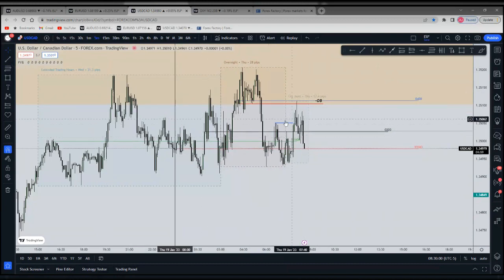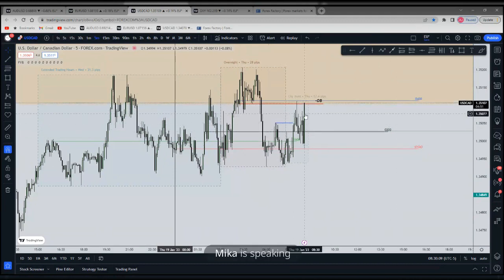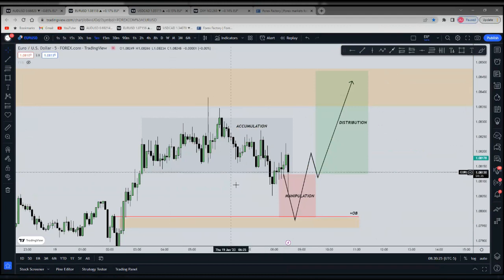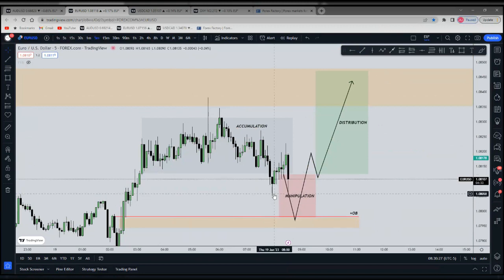So this would take out the early sellers that were trying to sell early. News hit, by the way, as you can see. News just came out. Now we can see if EU trades down to what we wanted to see. But I don't think it will get this low, honestly, but we'll see. The best thing would be if it takes out this low.